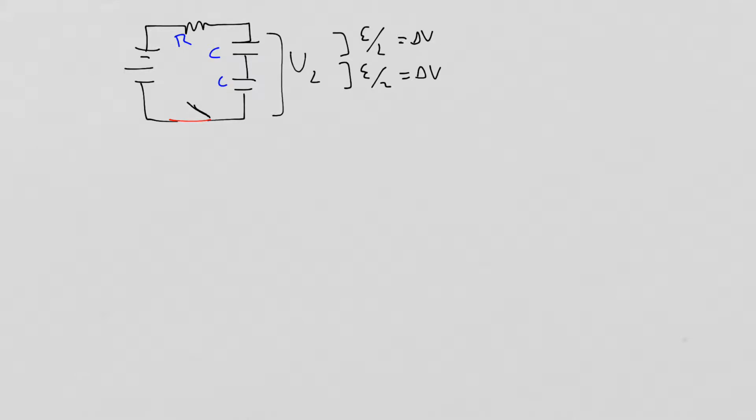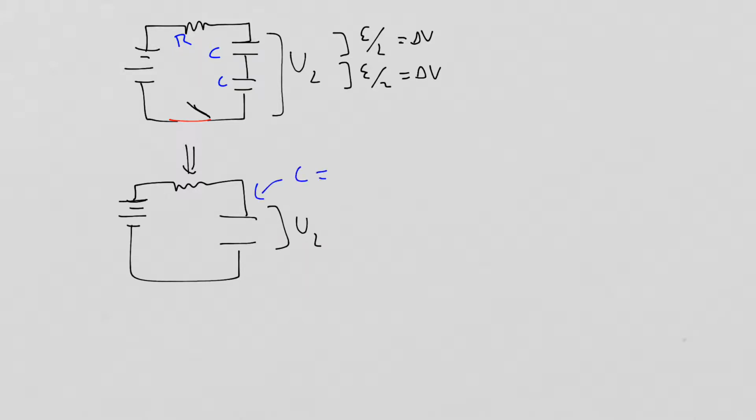The other way to approach it is to combine these capacitors into one, where we have one sort of better capacitor, where the capacitors in series are the inverse relationship. So I'm going to call this one C prime, to indicate that it's not C, is going to be C over 2.